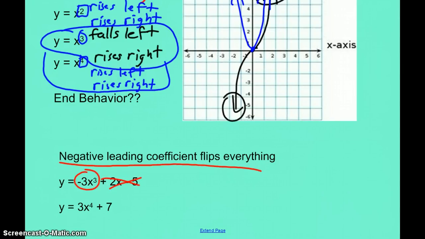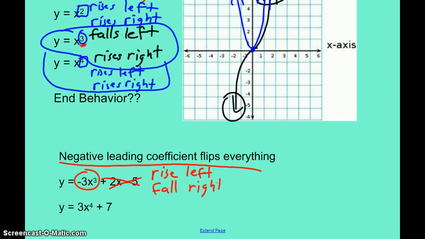When we're talking about end behavior, all we're concerned with is it's a cubic function with a negative in front of it. So we look at our cubic up here, it falls left, rises right. But a negative is going to flip that, so therefore that graph is going to rise left and fall to the right.